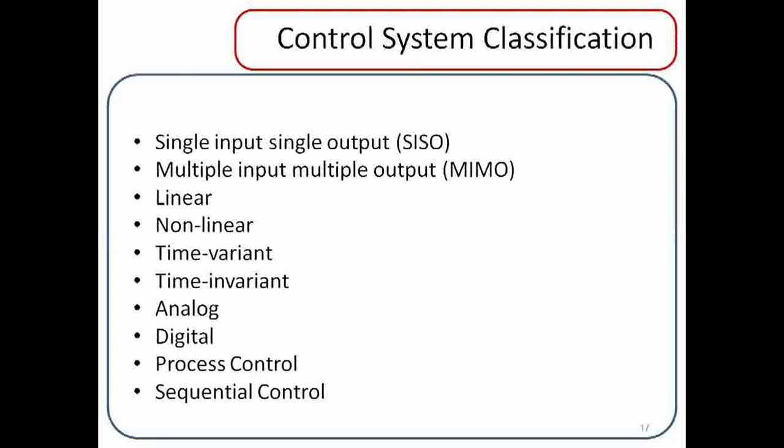By taking standard timings of 5 minutes, 10 minutes, 15 minutes, that is invariant timing, and time variant for 2.5, 3.5, considering float values and different timings as per the operational basis, time variations will exist. And from the display point of view, analog display and digital display. Next is the kind of process to be carried out in the operational sector, depending upon the process, that is process control.